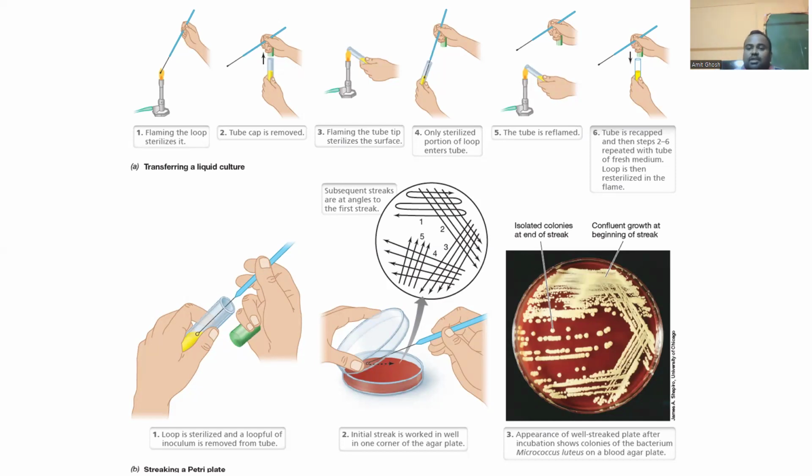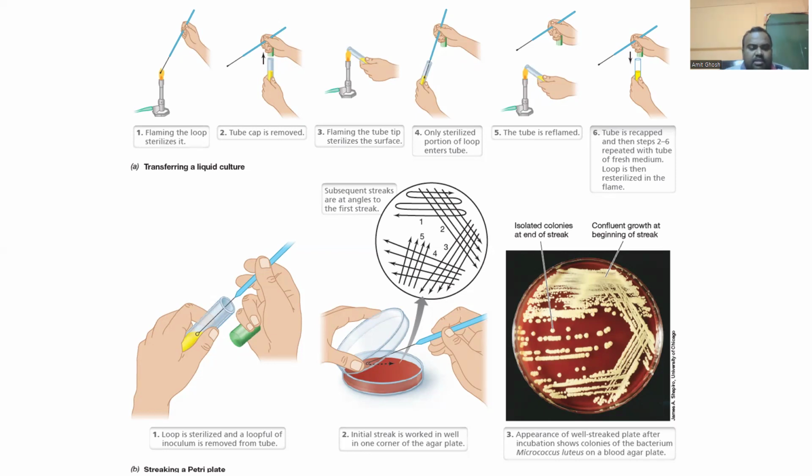Number 5, the tube is reflamed and then recapped, and then steps 2 to 4 are repeated with the tube of fresh medium, and the loop is then resterilized in the flame. This is the six-step procedure. You can transfer a culture medium from one tube to another tube, or one media to another media, by this process.